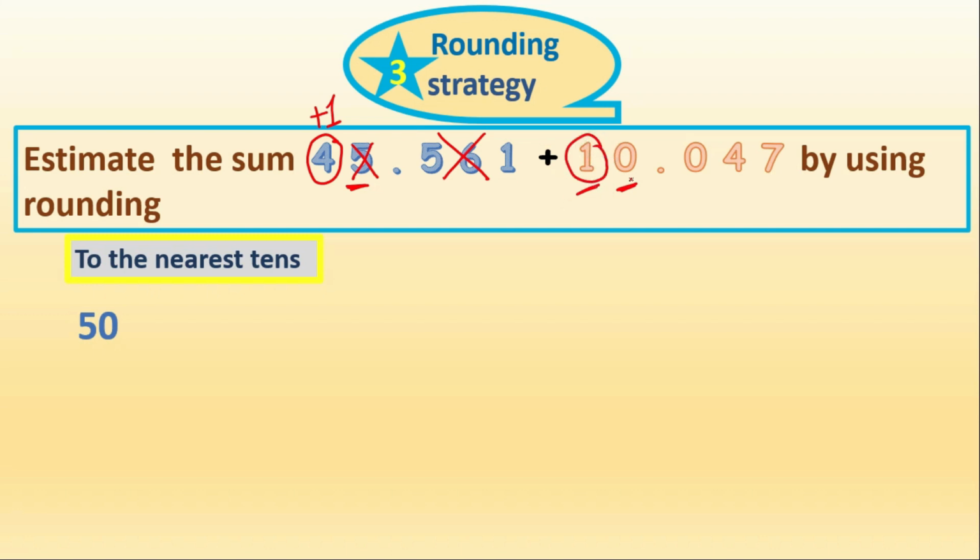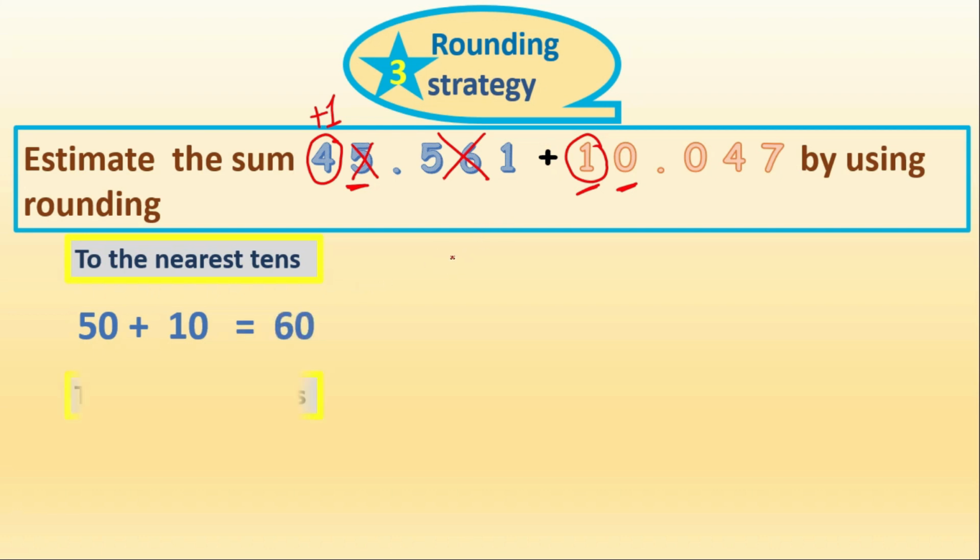Look at the digit on the right, 0. Ask yourself, 0 from group 1 or group 2, will it add 1 or no? No, it will add nothing, so 1 is still the same, and 0 is still the same, so the number will be 10. Add 50 plus 10 equals 60.